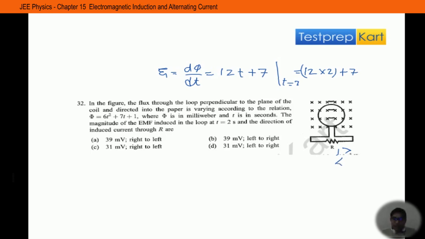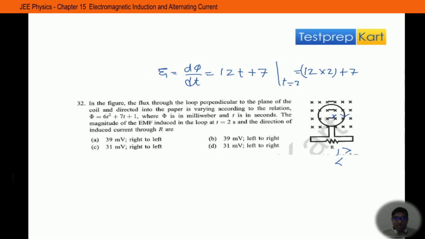Now if we assume the direction of current from right to left, okay, and you hold this conductor in your right hand and look at the direction of curl, okay. So this direction of curl shows that there is an induced magnetic field which will go in the same direction, okay, and it is a violation of Lenz's law. Okay. So it means the direction of current is not from right to left.